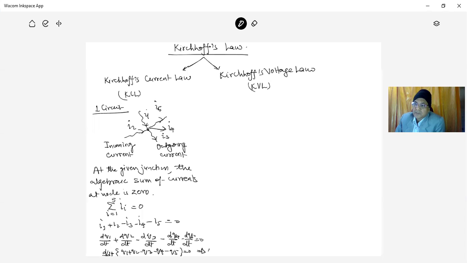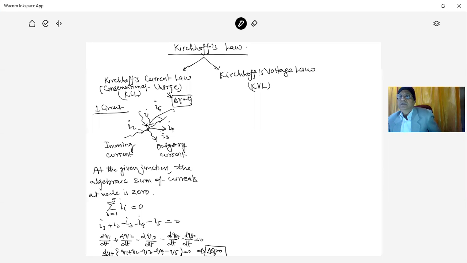So delta q is 0 at the node. So this is also known as conservation of charge. Because this conservation of charge is delta q is 0 at the node point. This is your node point. So this one is the first, that is known as Kirchhoff current law.